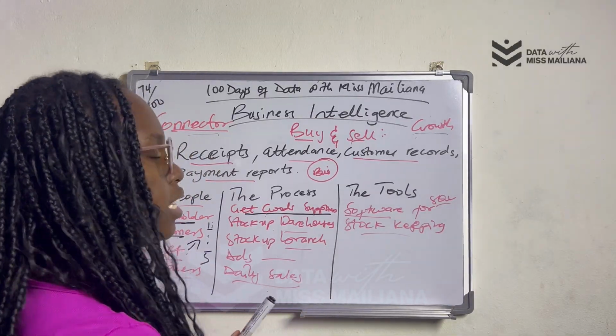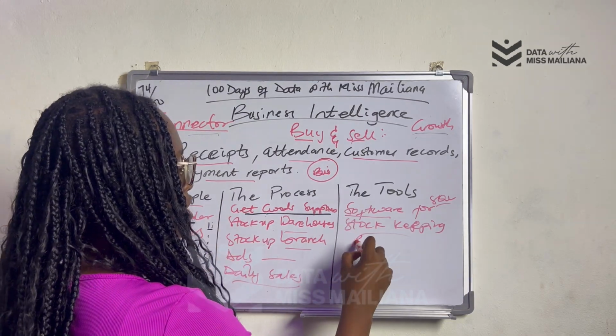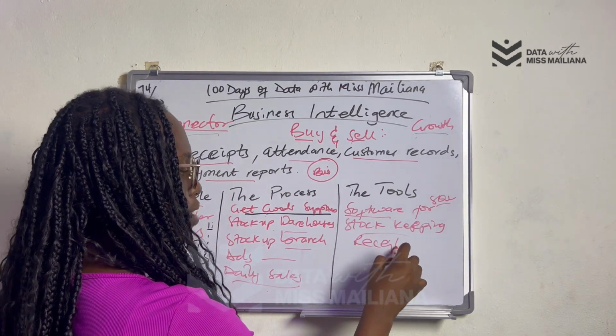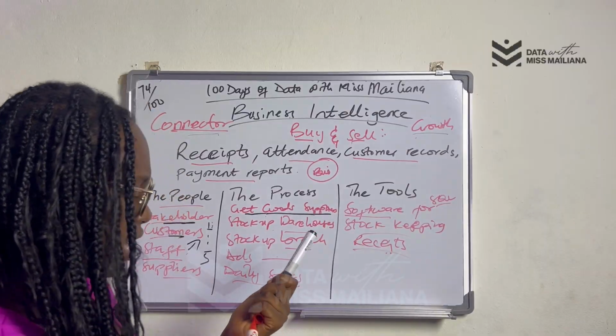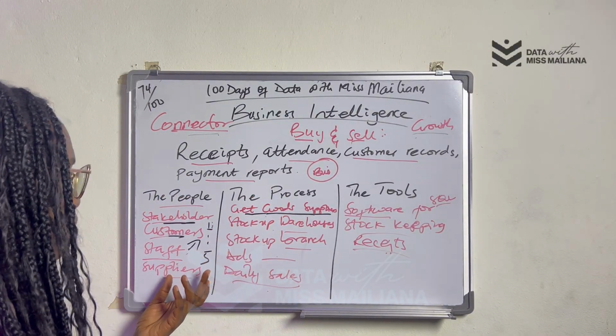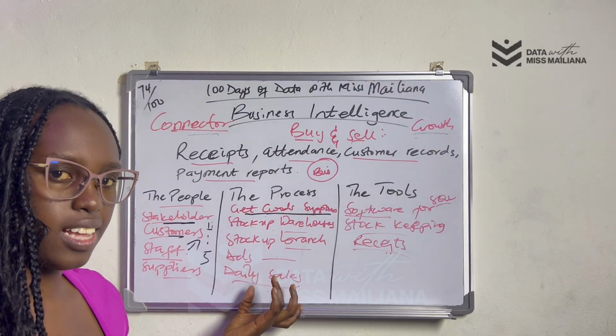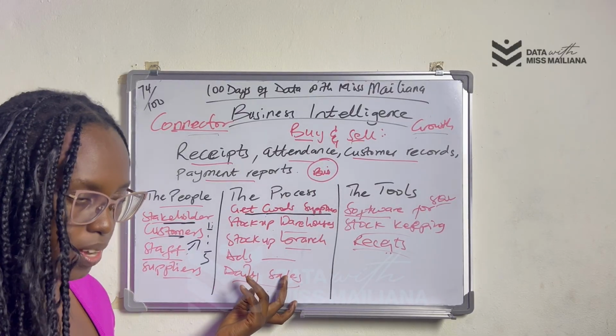Another tool could be software for receipts. You have to know the software, so you become the brain literally, because you know the people and what they want in the business. You know the process that gets the things done, right?